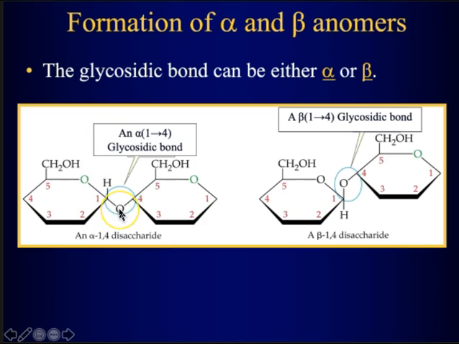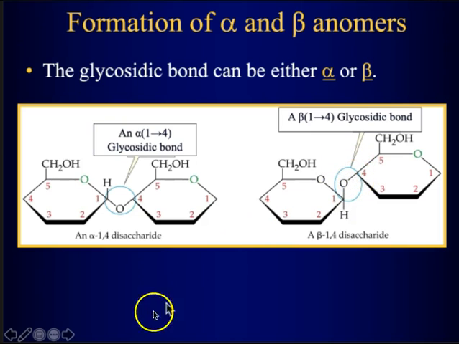We said that our bond was going down, so that means it's alpha, and then it's got 1,4. For a beta, it was on top of our hemiacetal ring, and it's still connecting at the fourth carbon. So now this is a beta 1,4 disaccharide, or a beta 1,4-glycosidic bond if we're just talking about the bond.